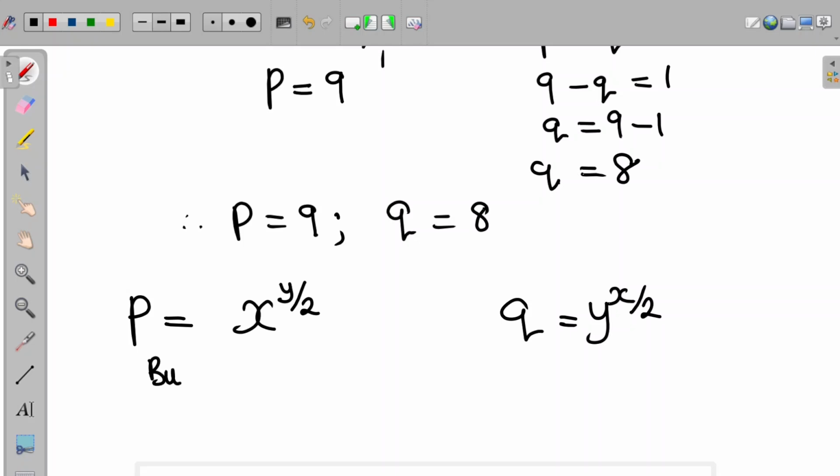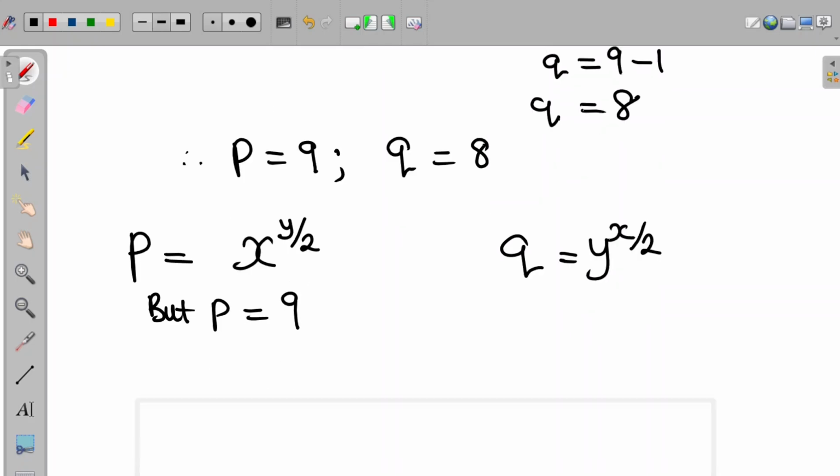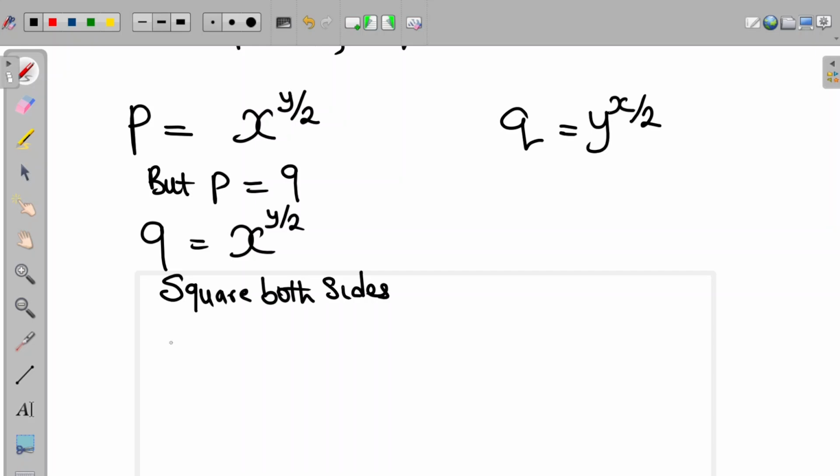But P is equal to 9. So we have that 9 is equal to x raised to the power of y divided by 2. If we square both sides, this becomes 9 squared equal to x raised to the power of y divided by 2, all squared. So these two will cancel out.